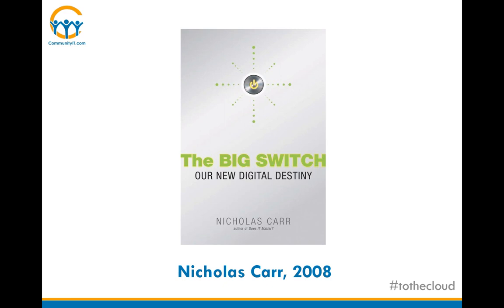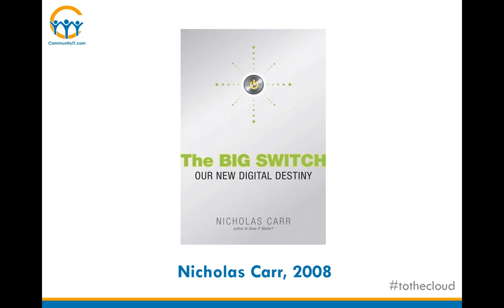And so the analogy that Nicholas Carr drew in this book is that, at the turn of this century, in the 1990s, early 2000s, think about your own organization. You probably have a server or two in your closet, and you're doing all of your computing power on premise. But the reality is it's much more efficient to do computing power in much larger data centers.